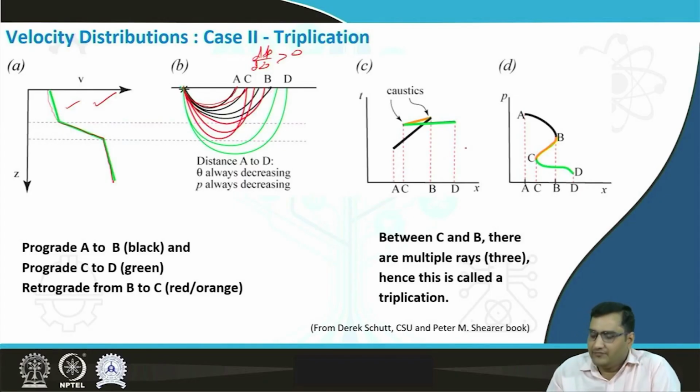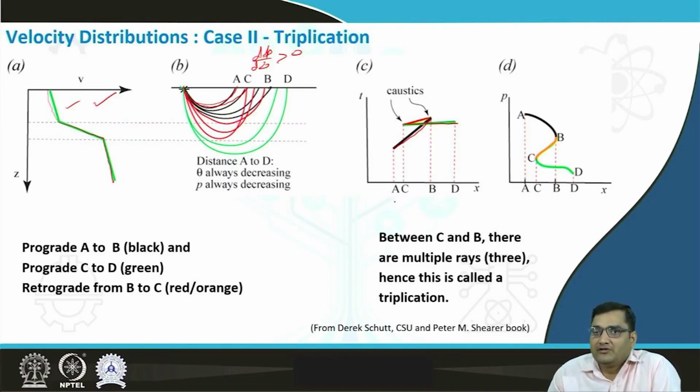So in terms of the travel time curve, if we plot this situation on the tx plane, you will observe two forward branches, this one and this one. But there will also be a branch that is backward in nature, showing the retrograde motion, and the forward branches will be showing the prograde motion. The end points of the backward branch BC will show the caustic.